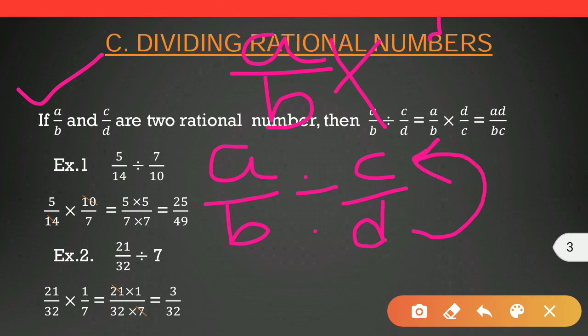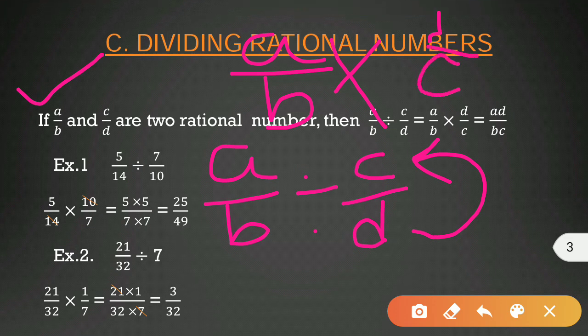Means d will be written in the numerator upon c in the denominator. If you want to convert this division sign into multiply, you have to invert these two numbers. Means the numerator will become the denominator and the denominator will become the numerator.